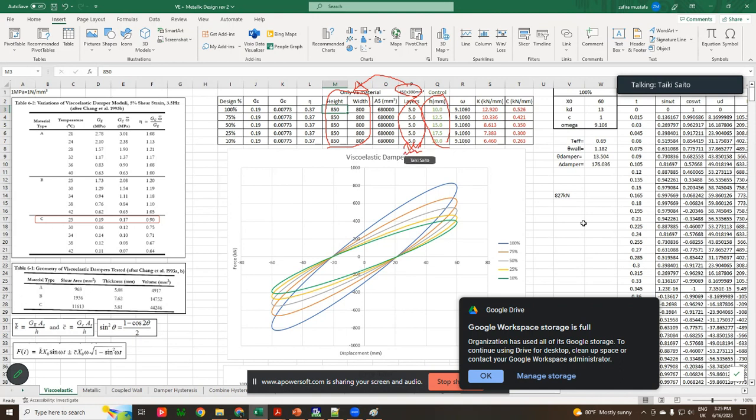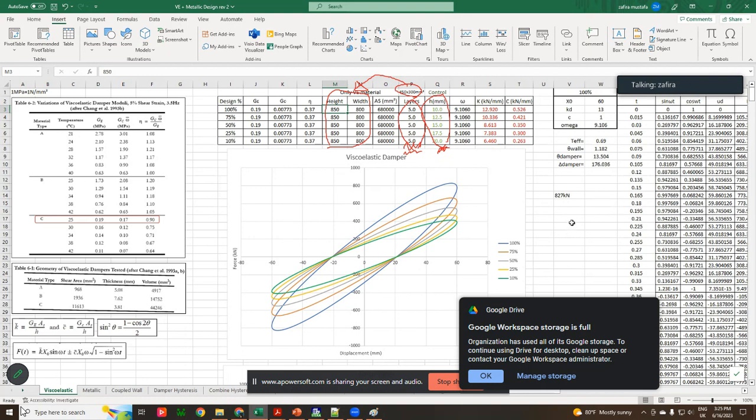Okay, sensei. In actual design, I think, yes, understand. Please find out how much thickness one layer is. I also don't know the standard thickness of the viscoelastic damper.